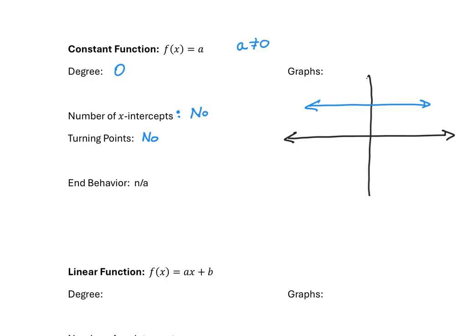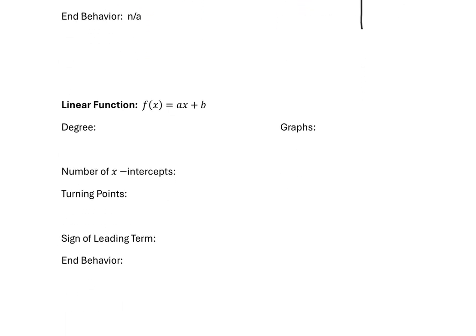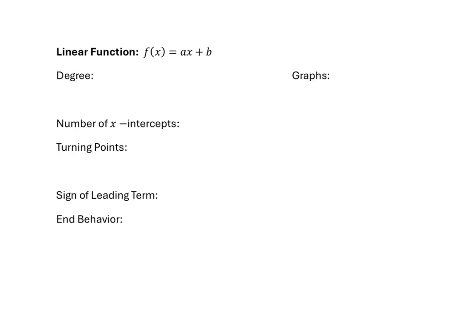Okay, so let's increase the difficulty level. The next thing we're going to do is talk about a linear function. A linear function in standard form is going to be f of x equals ax plus b. We're not going to use m because m is for when we're just talking about linear equations.